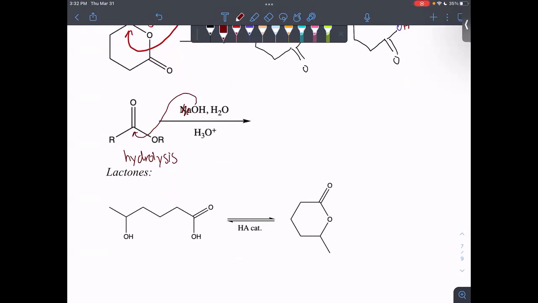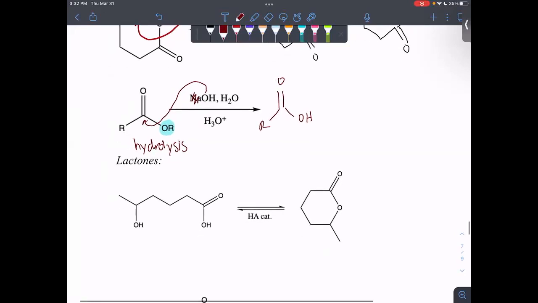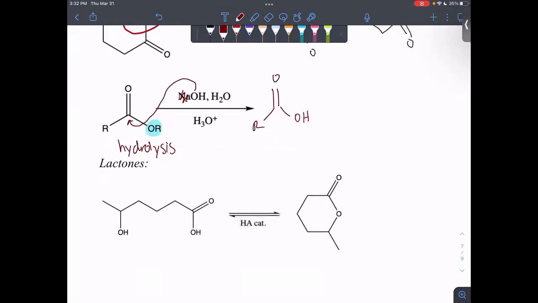And you get your carboxylic acid because this OR group is going to leave. Then as a side product, you have that OR group floating around, and it gets protonated by the water or the acid, and you have just ROH floating around in solution. When you hydrolyze an ester, you get carboxylic acid and alcohol.